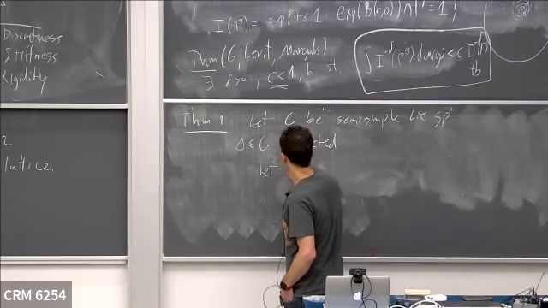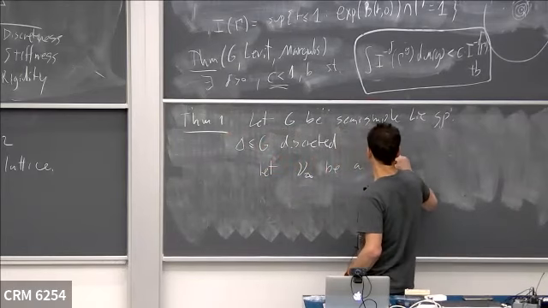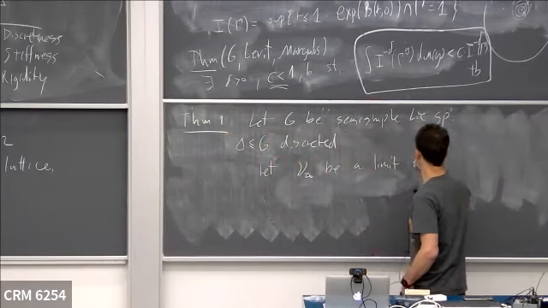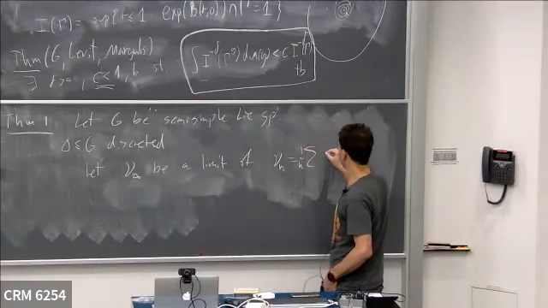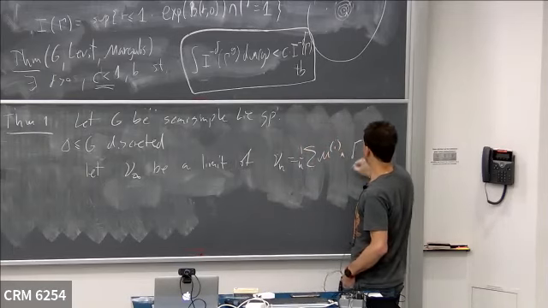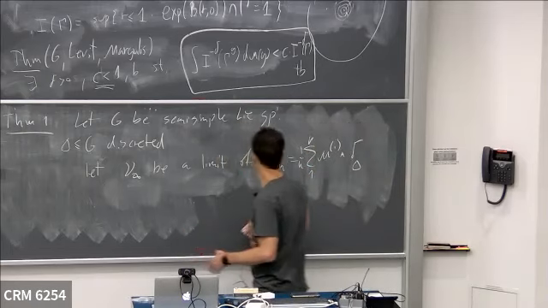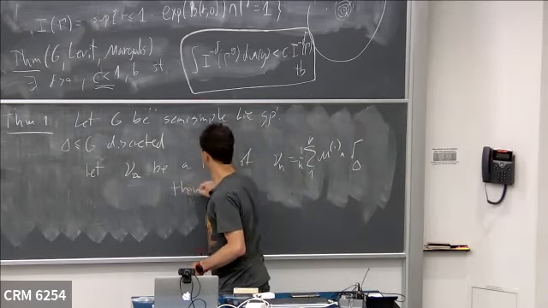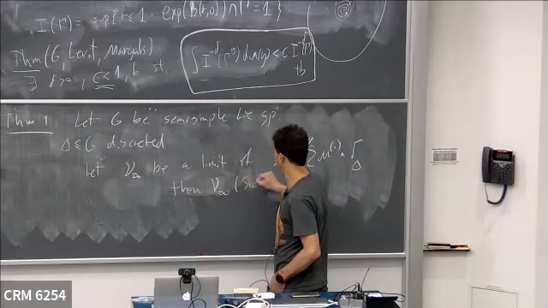Let nu infinity be a weak star limit of nu n, which is 1 over n, the sum of mu to the i convolution with that. Then nu infinity is supported on discrete subgroups.